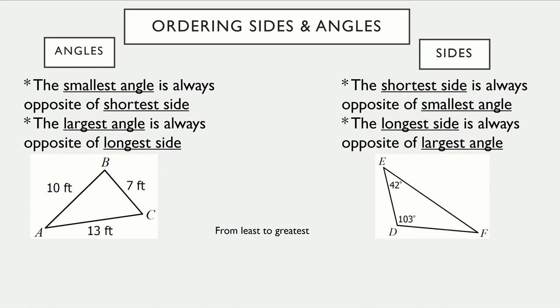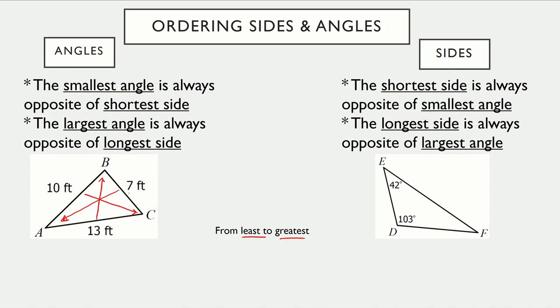What I mean by that is if you have a small side, then you're going to have a small angle, so they go across from each other. And so it's asking us to arrange these angles from least to greatest. In order for me to do that, I'm going to look at the sides.